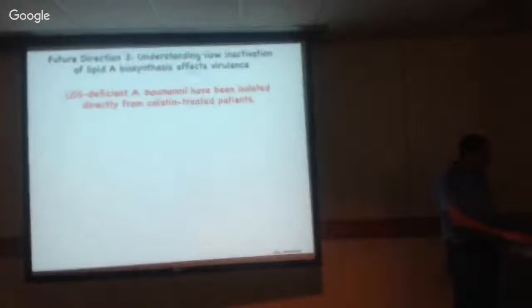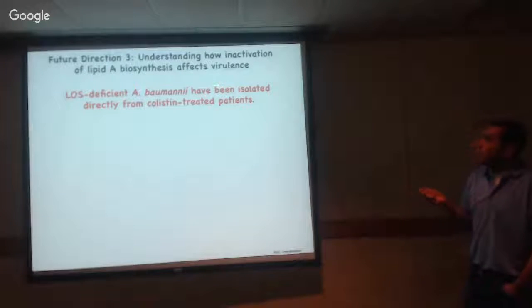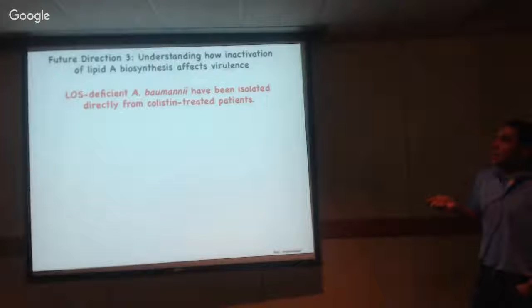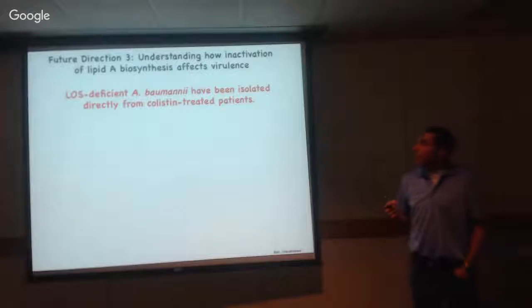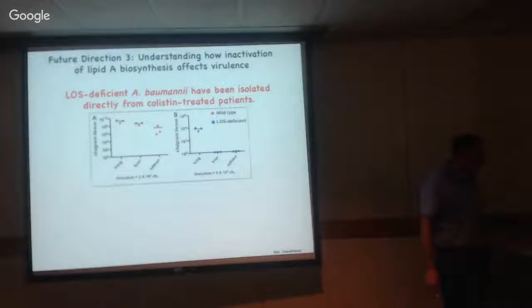The last thing that I'm doing is I'd like to understand how inactivation of lipid A biosynthesis affects virulence. LOS deficient A. baumannii have been isolated directly from colistin-treated patients. And so I want to know if the loss of lipid A or LOS actually affects virulence of these bacteria.